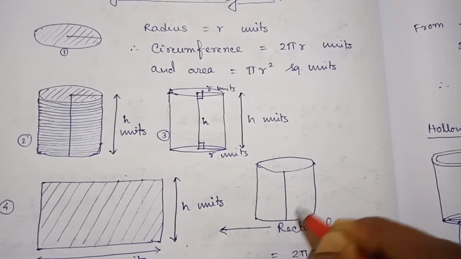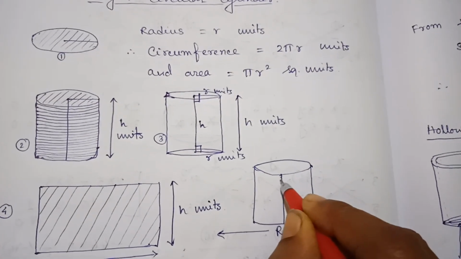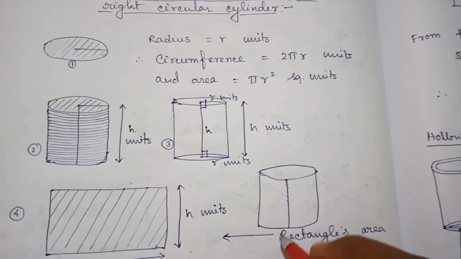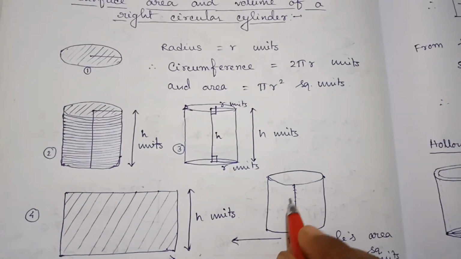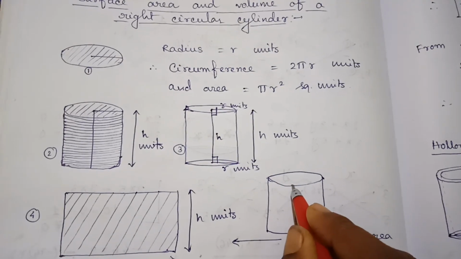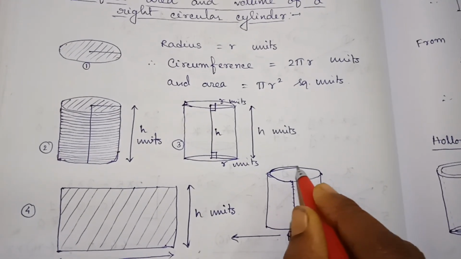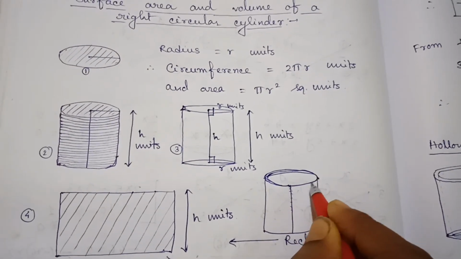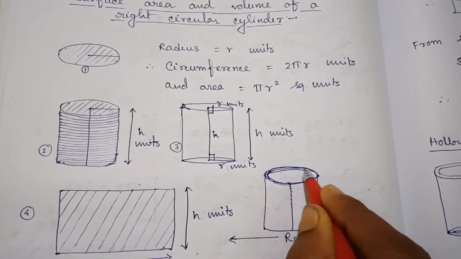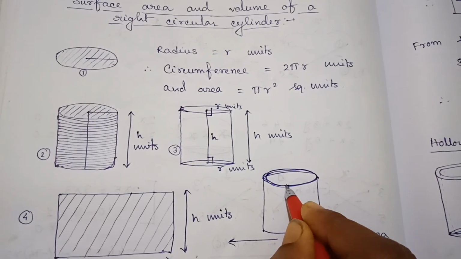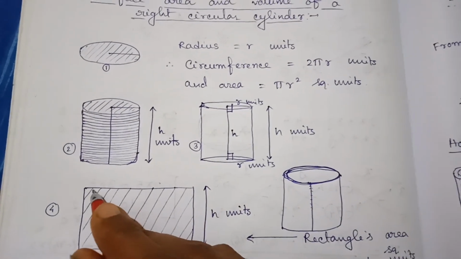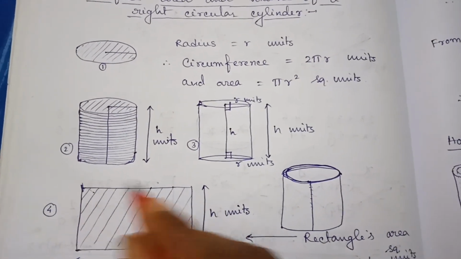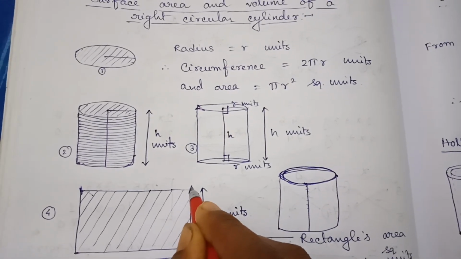suppose we are folding over here, meaning this is the connecting point. Okay, we are folding it. That means this boundary line is actually starting from here to here.